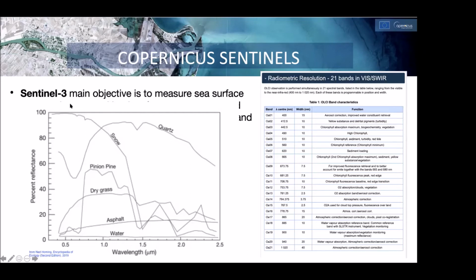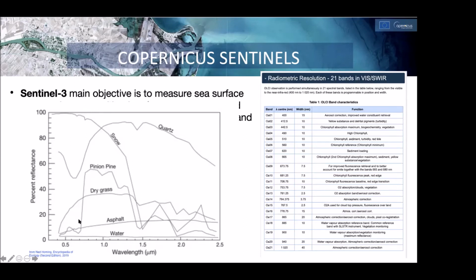So snow is very bright, but then when we get into the longer wavelengths, we see that it's more absorbing. And of course, those who are doing snow will know why that is occurring. But you can see why people looking at snow are very much more interested in certain bands than, for example, the people who are interested in the vegetation.